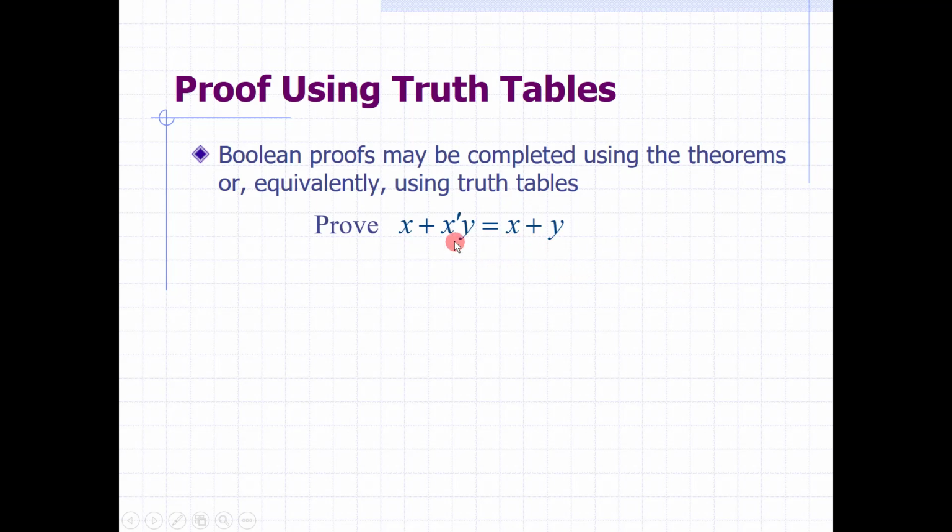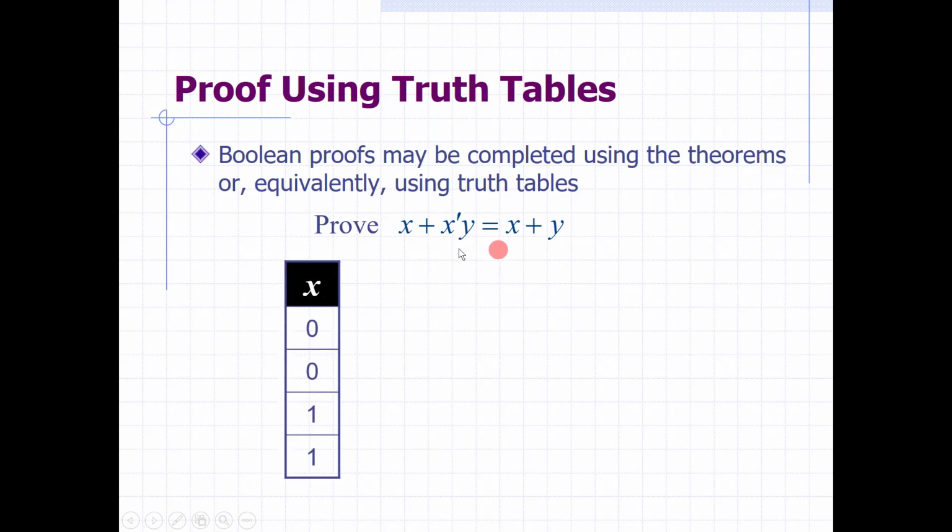But for now, let's prove that it's true. And we can do that proof using a truth table. What we can do is build the truth table for the left side and build the truth table for the right side. And if the two truth tables are the same, well, then we've shown that this equation is valid.